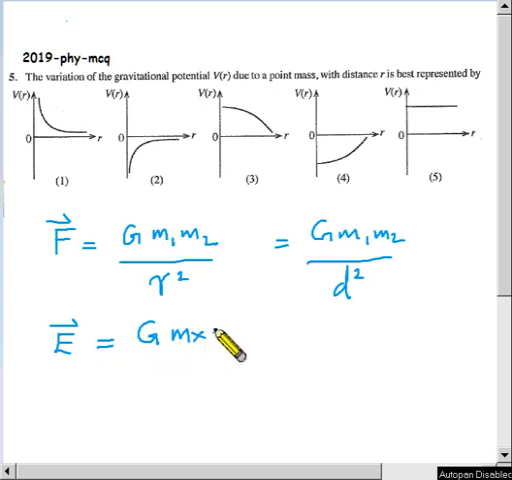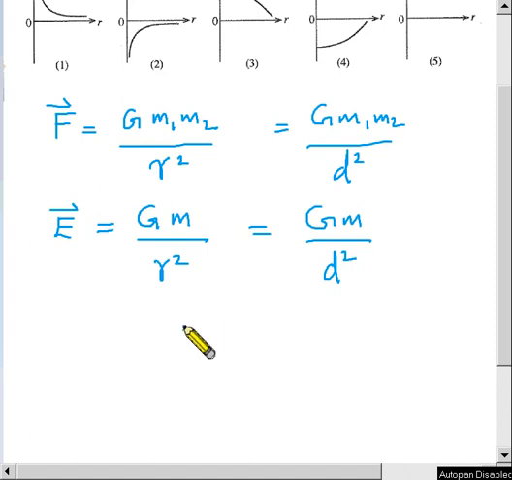So sometimes we write G m divided by d squared. That is the second equation we use.